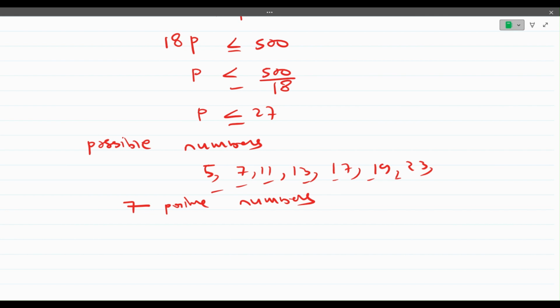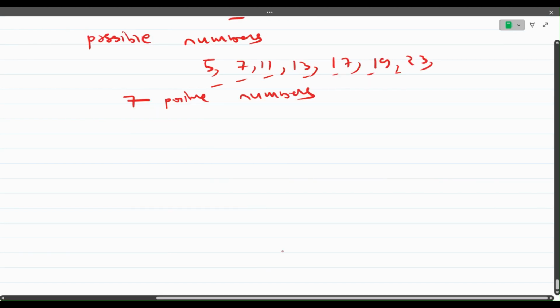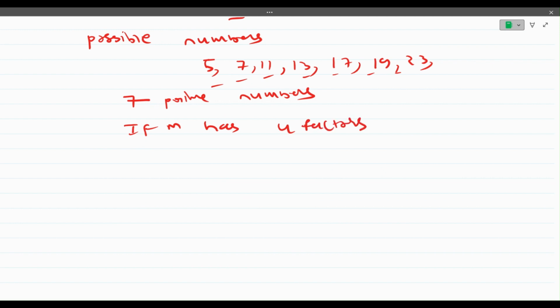And if it has exactly four factors, so if m has four factors, m will be 2 to the power of a, 3 to the power of b, p to the power of c, and q to the power of d.